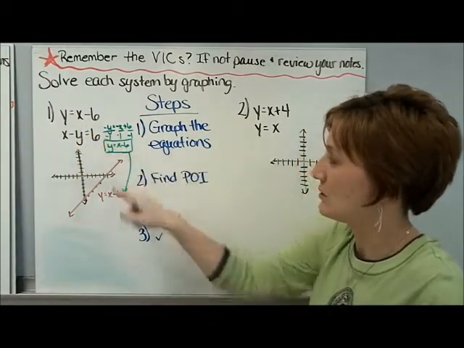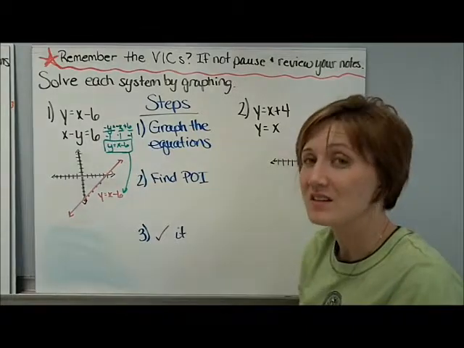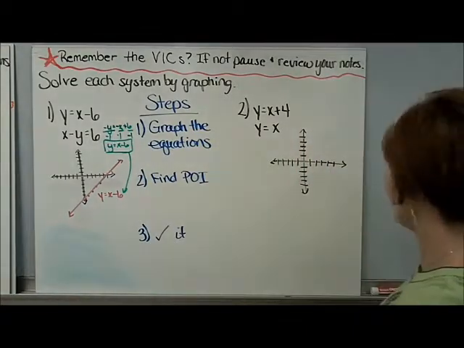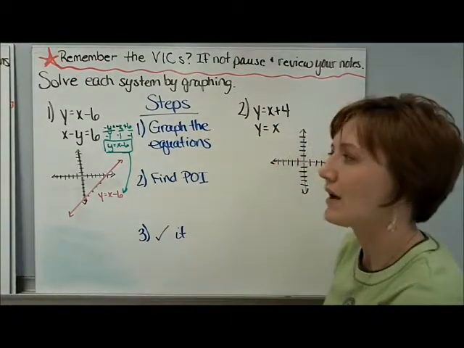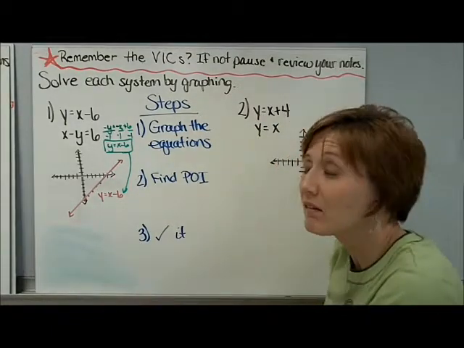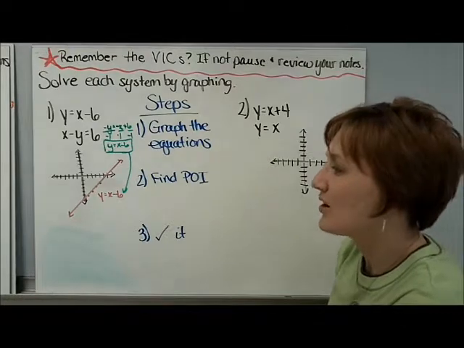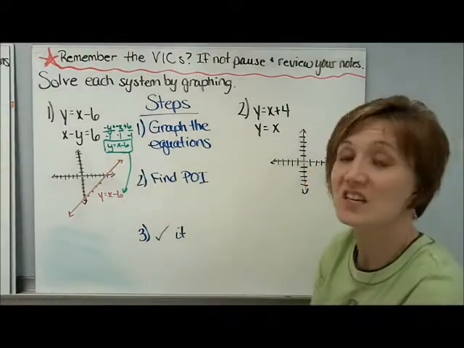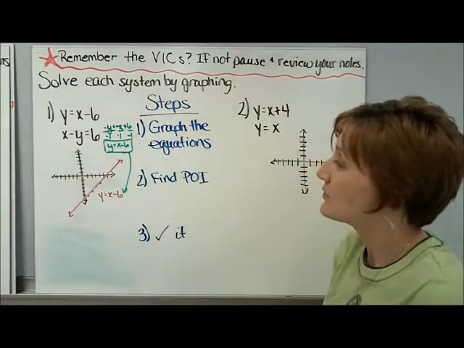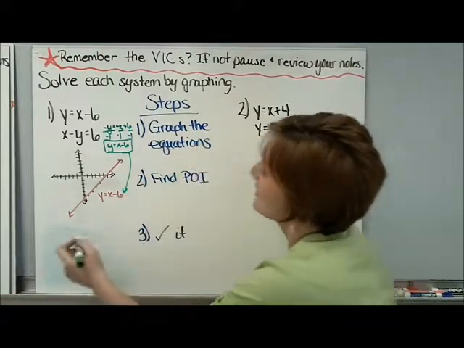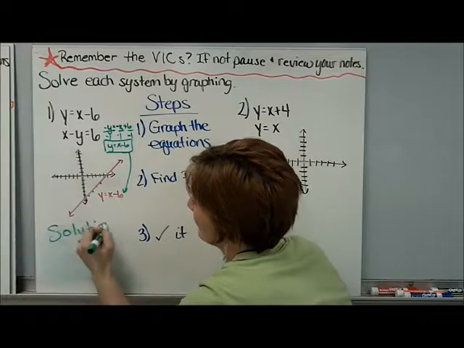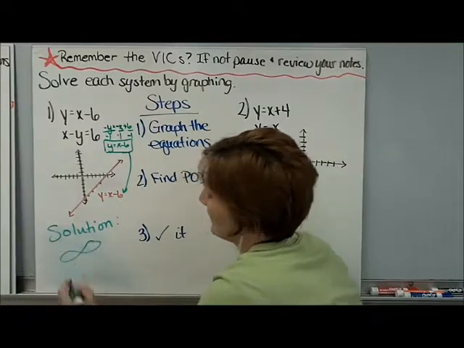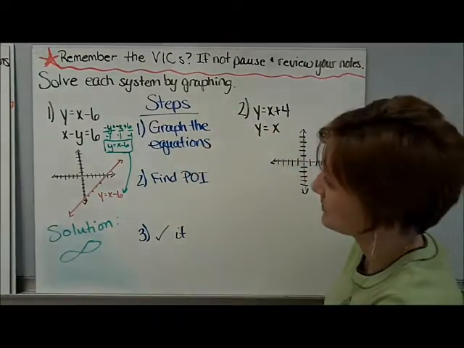So these are both going to be on the exact same line. Therefore, remembering back, when two equations are on the exact same line, there's an infinite number of solutions. There are an infinite number of solutions.